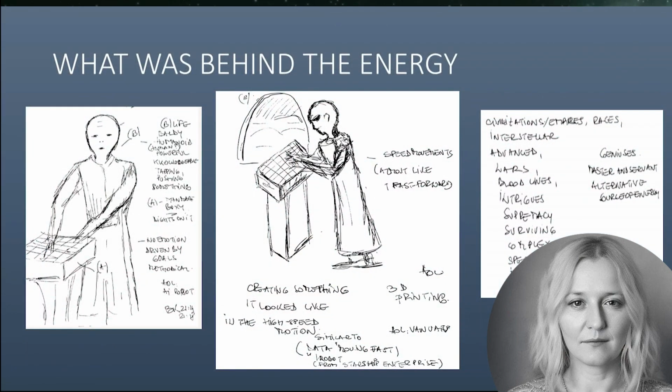And behind the energy, I've seen this figure, which was like an AI robot to me because it was really cold, emotionless, powerful, knowledgeable, driven only by its mission and its goals. It was a methodical type of being.